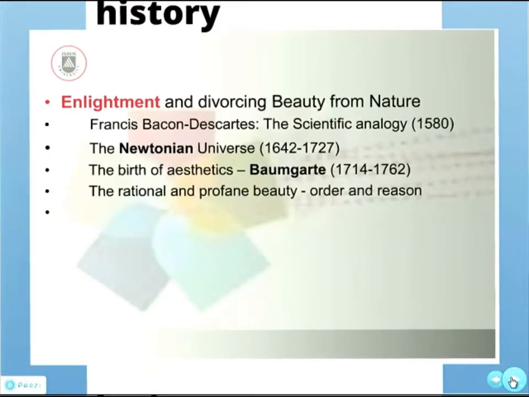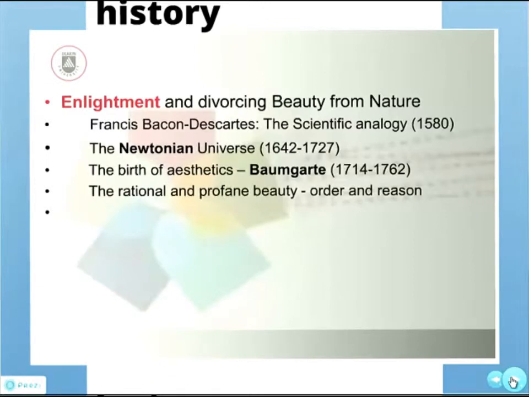And the Enlightenment was basically looking at nature in a very different way. We started to look at nature as a resource of energy, a raw material out there for us to use.